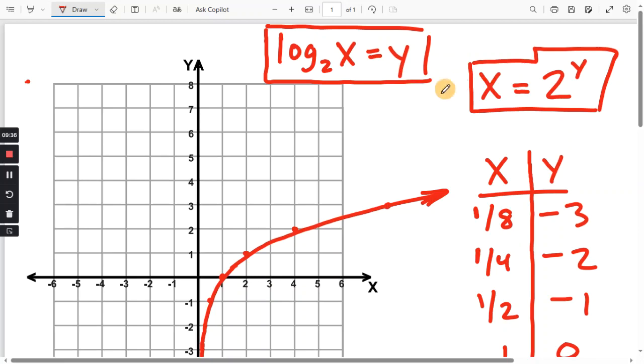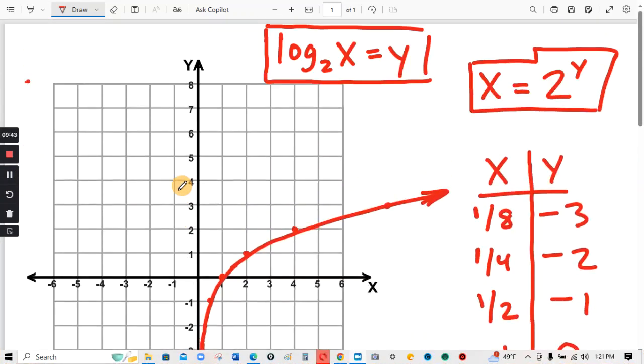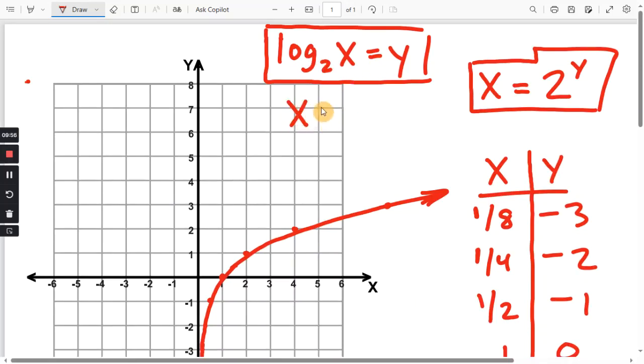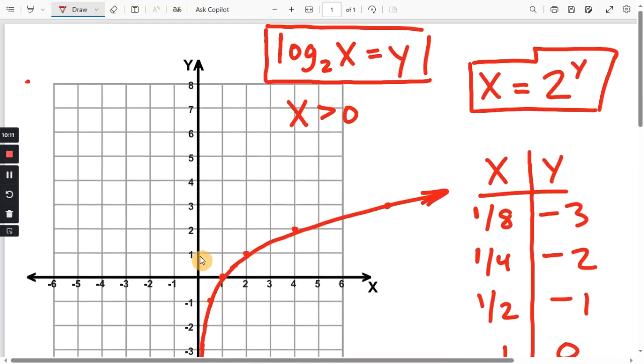We just changed the form. Now, we're going to get into this later, but you cannot take the log of 0 and you cannot take the log of a negative. So just based on the original equation, x has to be greater than 0. Okay, that is your domain. And you can see it worked out that way. The graph is never going to hit x equals 0. It's going to get closer and closer, but never reach.